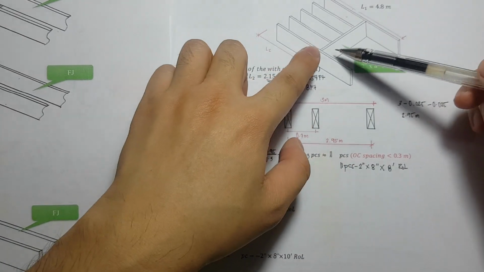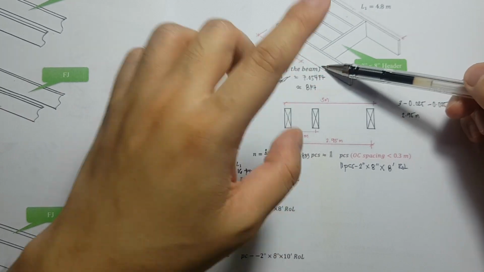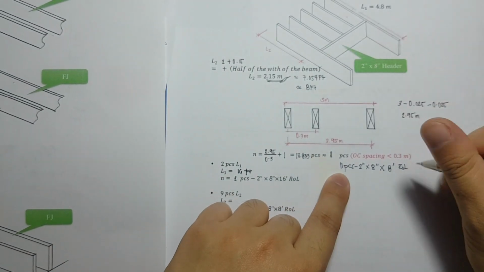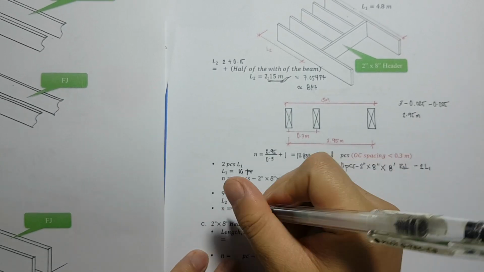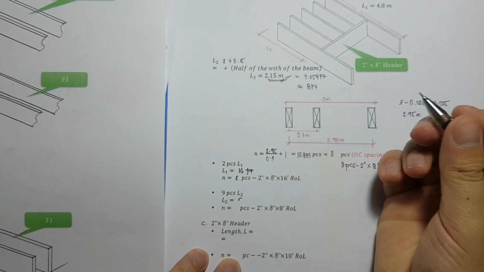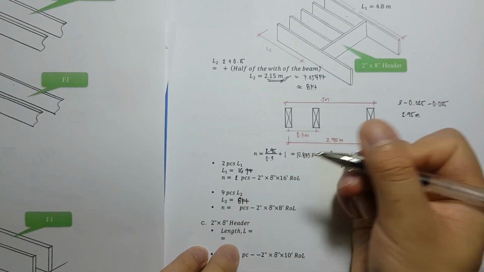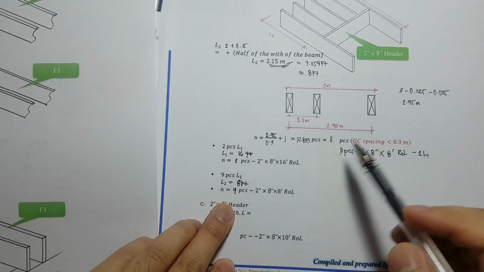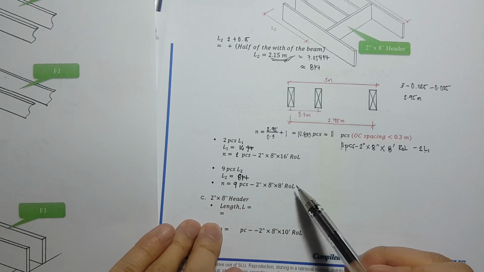Take note, yung 11 kasama na si dalawang L1. Therefore, ang kailangan lang natin na L2 is 11 minus 2 of L1. Therefore, we have here 8 feet. We only need 9 pieces. Okay, so 11 minus 2, we only need 9 pieces of 2 inch by 8 inch by 8 feet rough lumber. Okay?